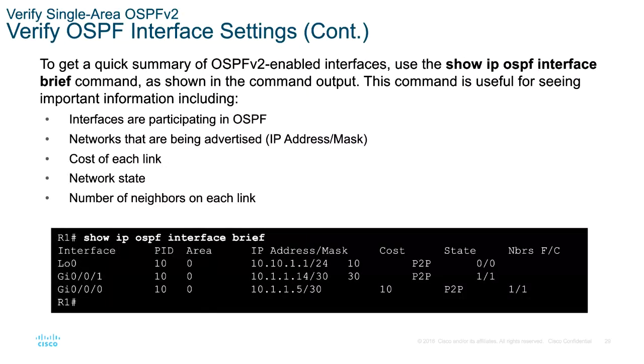Sorry, each link, not area. Let's get the terminology right. You'll notice that the loopback is 0, 0 because it's talking to itself, so it doesn't expect to see a neighbour. The other ones you'll see there, so you'll have the active and total. So if it was a broadcast state and one of them had timed out or gone offline for whatever reason, you would possibly see one of two, something like that.